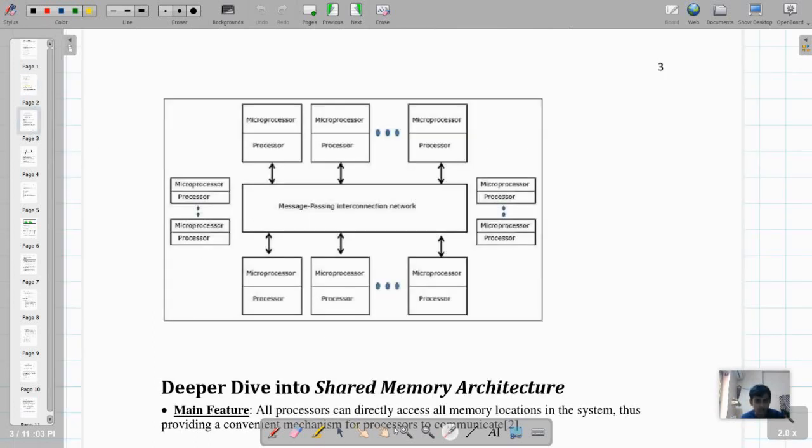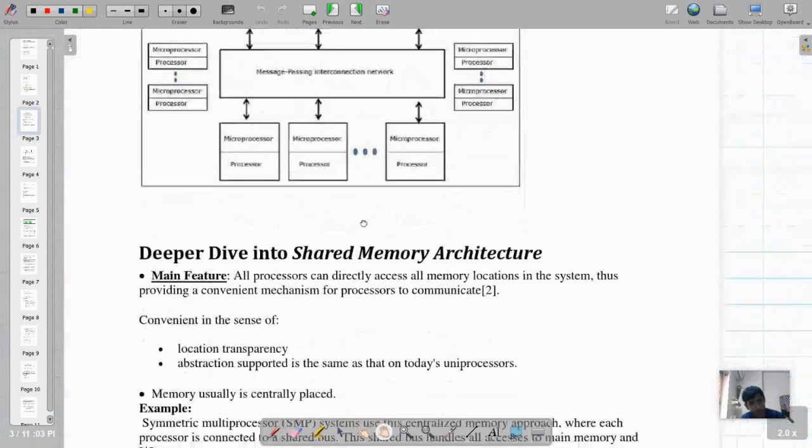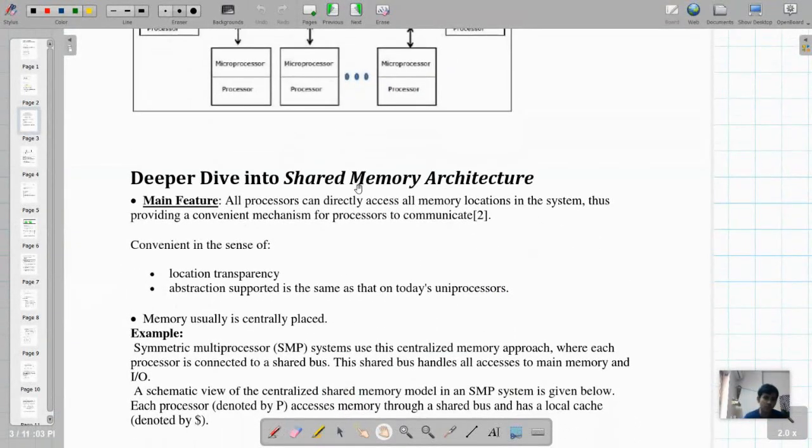Now let me start to discuss shared memory architecture in detail. So what is the main feature of this shared memory architecture? All processors can directly access all memory locations in the system, as we have noticed during our previous discussion, thus providing a convenient mechanism for processors to communicate.